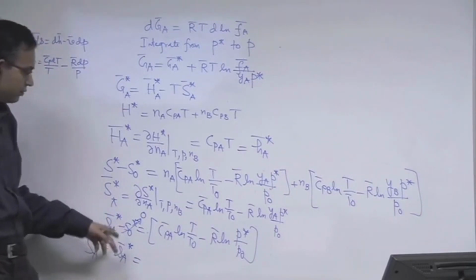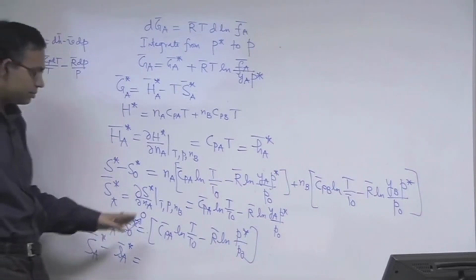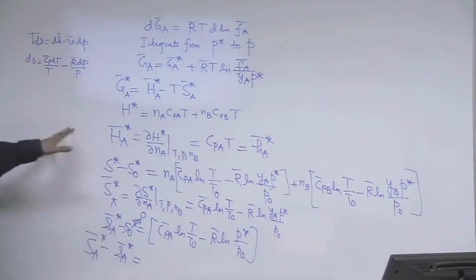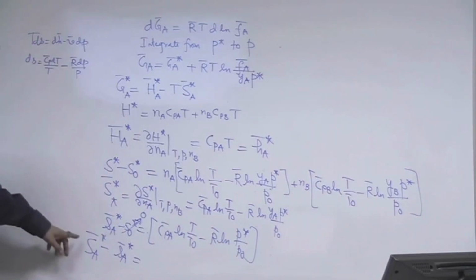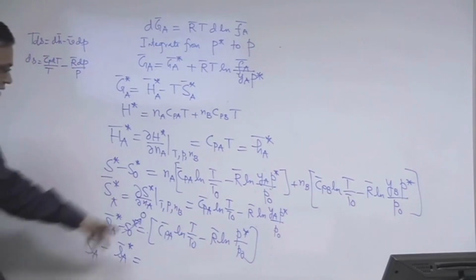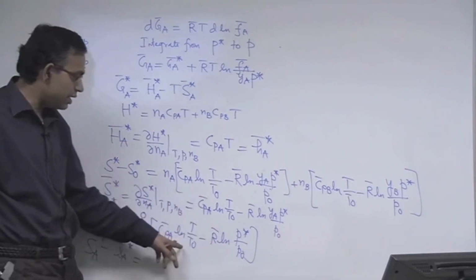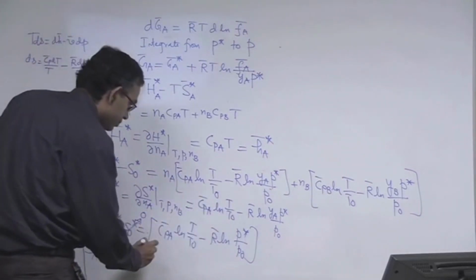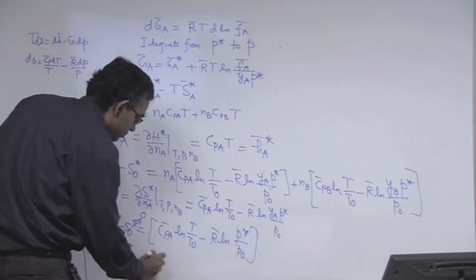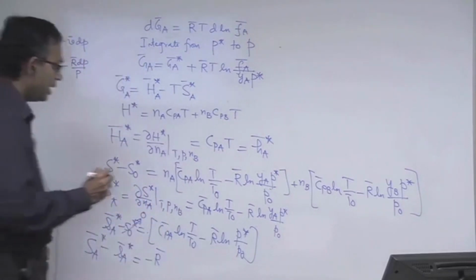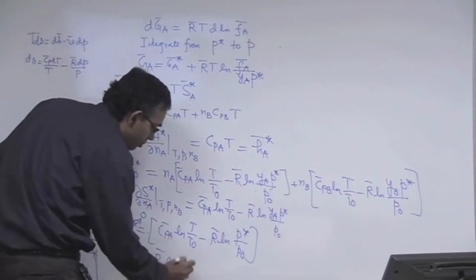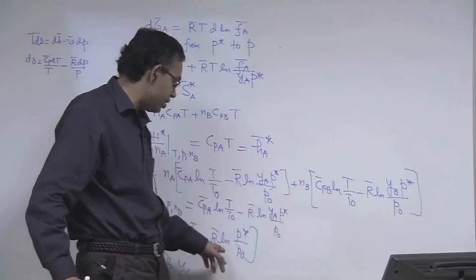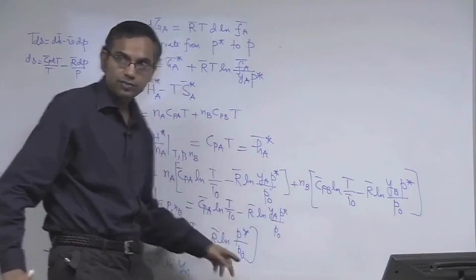Otherwise you can consider some arbitrary reference state, but when you subtract these two, the reference state effects are gone. So you have S a star minus s a star, the Cp ln T by T0 term is gone, and only minus R ln Ya will remain, because the R ln P star by P0 terms get cancelled.